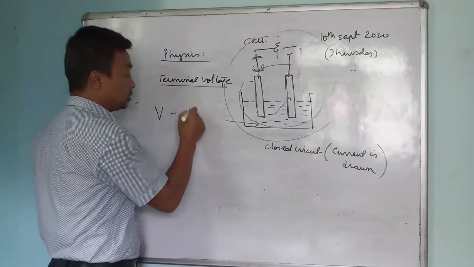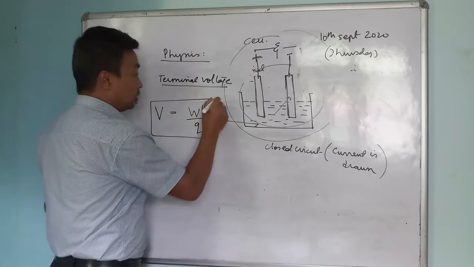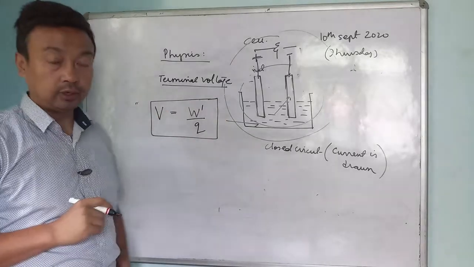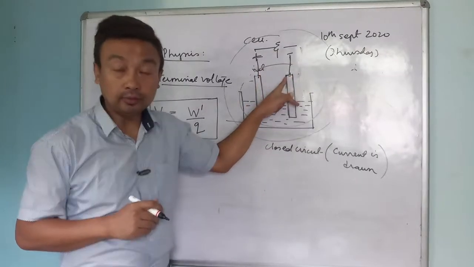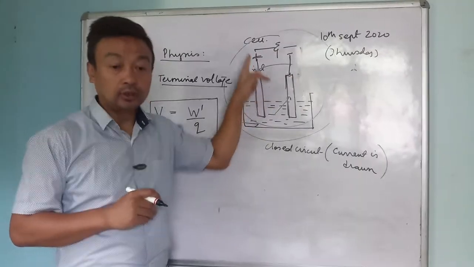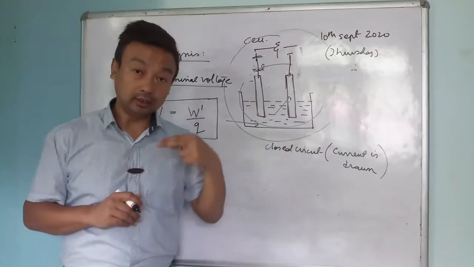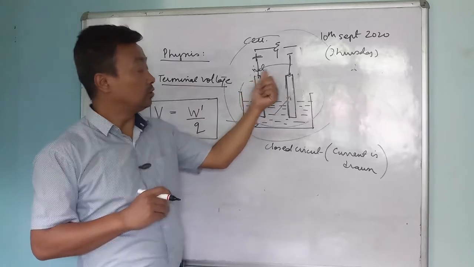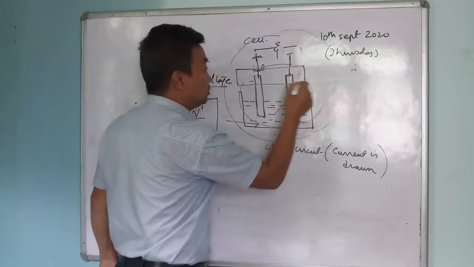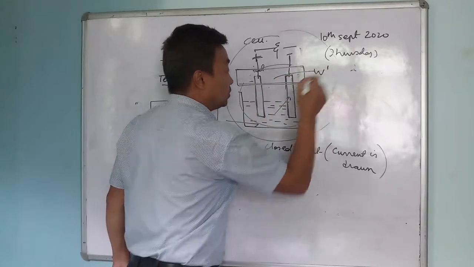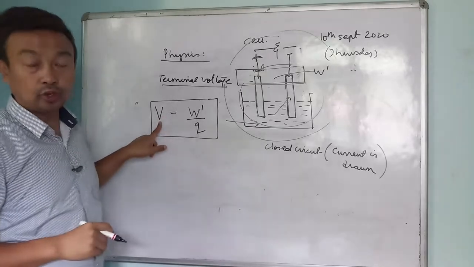So the terminal voltage, we can write down as W dash by Q. Why this W dash? Because it is the work done per unit charge in carrying the test charge around the external circuit of the cell, only in the external circuit of the cell, or around the electrodes, so only in this region. Whatever is the work done, that work done per unit charge is defined as the terminal voltage.